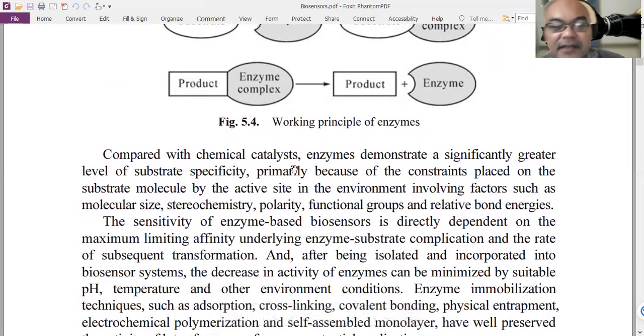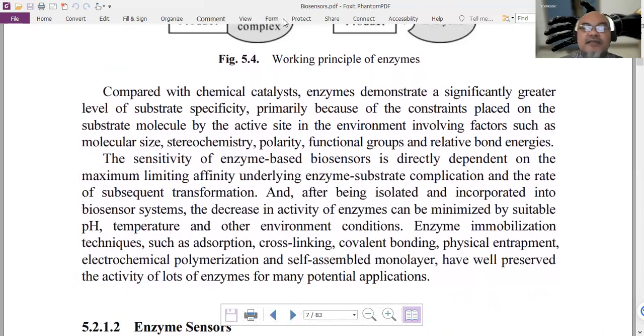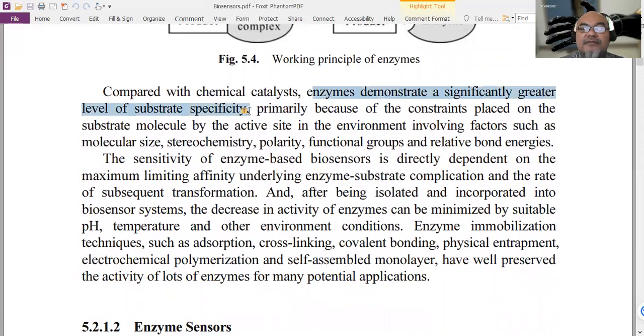The difference with a chemical catalyst here is that enzymes demonstrate a significantly greater level of substrate specificity because of constraints placed on the substrate molecule by the active site environment, involving factors such as molecular size, stereochemistry, polarity, functional group, and relative bonding energy.